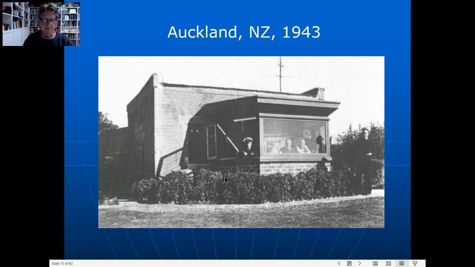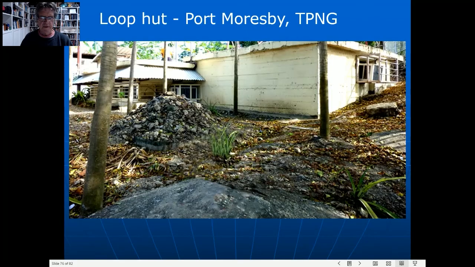There's one in New Zealand. I visited this one, and the front has been knocked off, but you can see where the meters would have been inside there. Now that was actually taken in 1943. That building's still there, but the front and all the loop equipment, galvanometers, are not there. This is in Port Moresby, on a hill just at the entrance to Port Moresby.